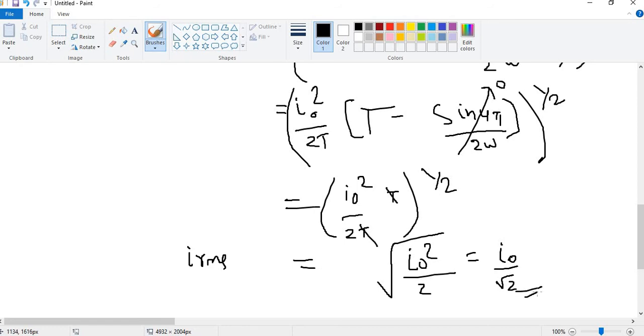So this much is clear. Hope you understood this one. So similarly we have VRMS is equal to V naught by root 2. So similarly we have the same formula. Now we are going to see further.